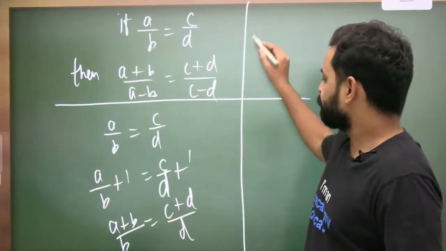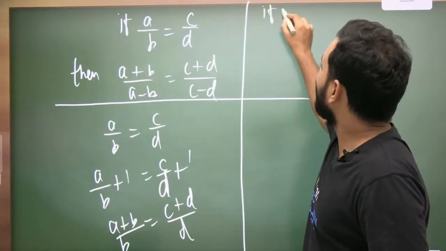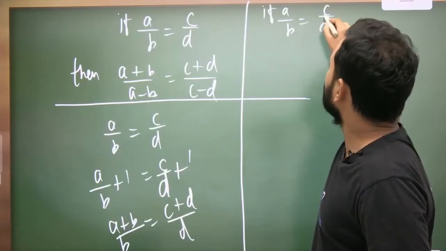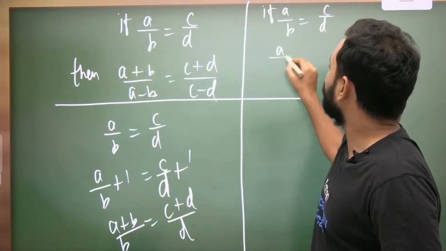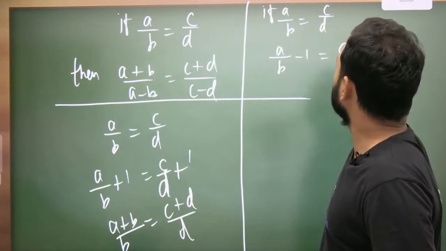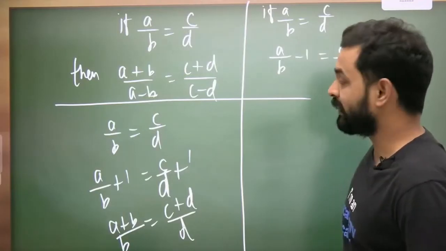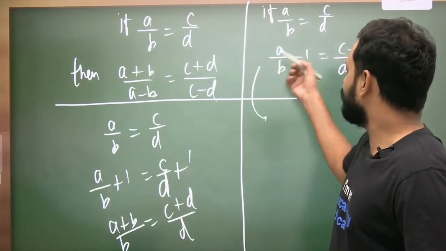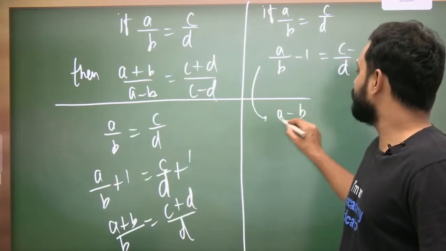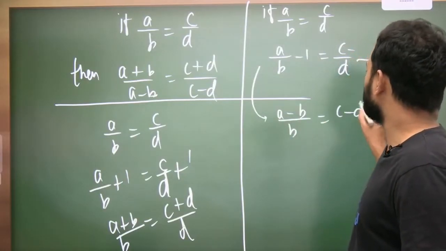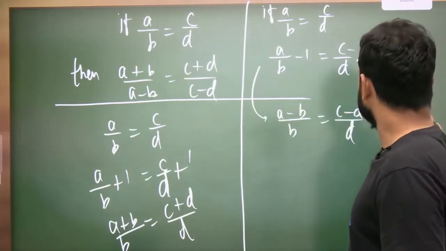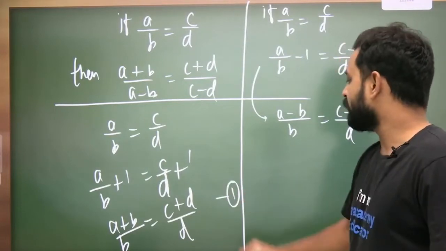Now can we say that if A upon B is equal to C upon D, then A upon B minus 1 is equal to C upon D minus 1, right? So A upon B minus 1, that means A minus B upon B is equal to C minus D upon D. This is, let's say, 2 and the earlier one is, let's say, 1.